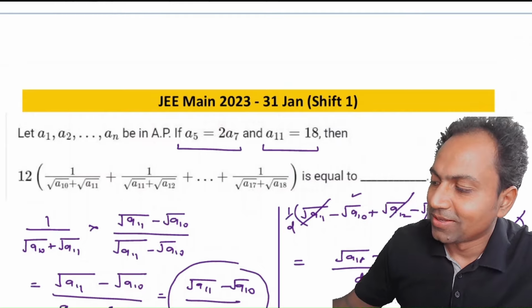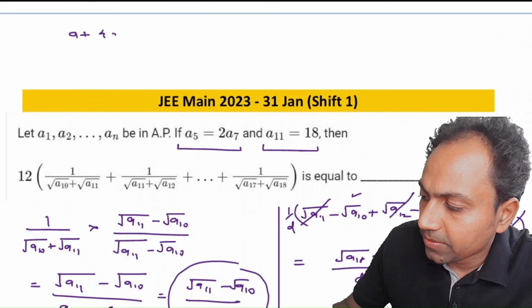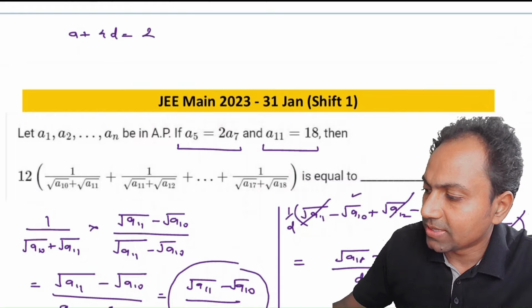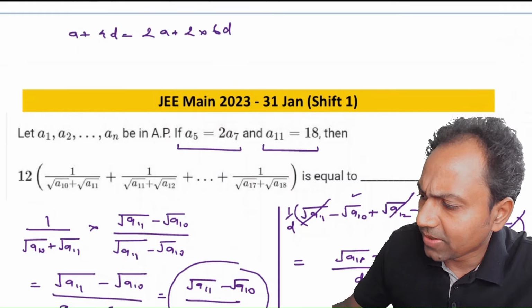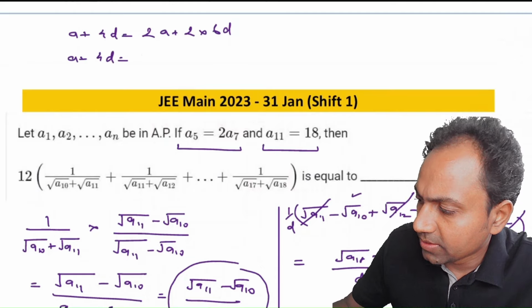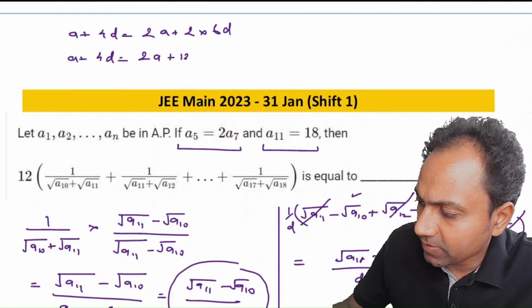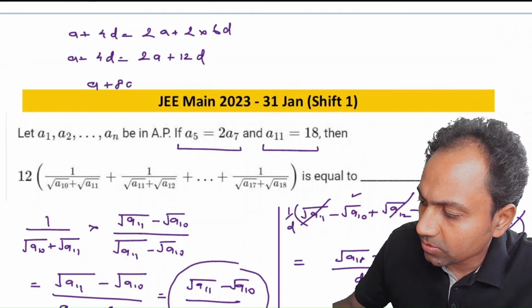Let us do that. So if I write my condition, A5 is nothing but A plus 4D, and 2 times A7 is nothing but 2 times A plus 6D. And if I simplify this, it is A plus 4D is equal to 2A plus 12D, or A plus 8D will be equal to 0.